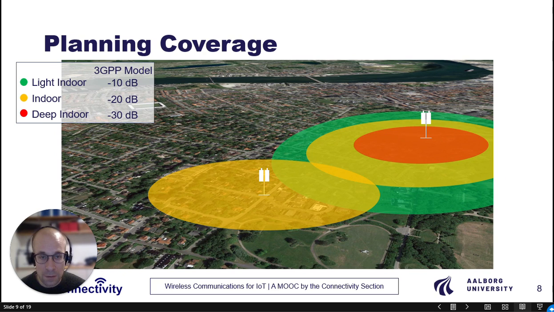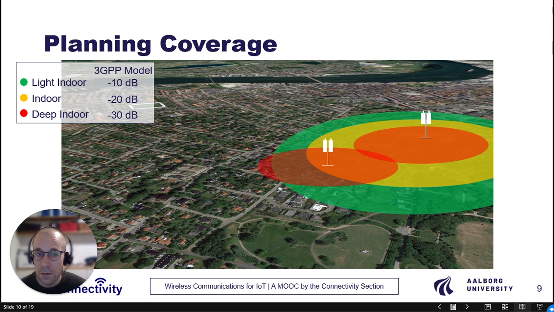And as you can imagine, if we plan for a deep indoor, they should be located even closer in order to have coverage where the deep indoor devices will never be further away from a base station than where the signal being received from them will be above the sensitivity of the base station. And remember, the sensitivity was the lowest signal strength where the signal could be decoded successfully.